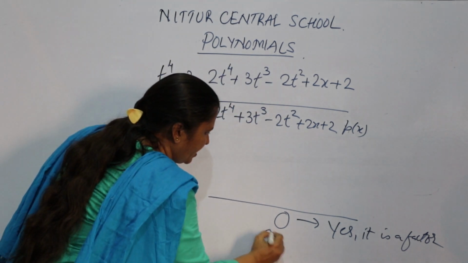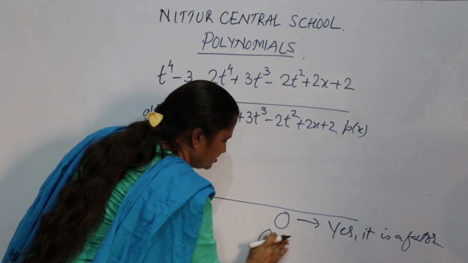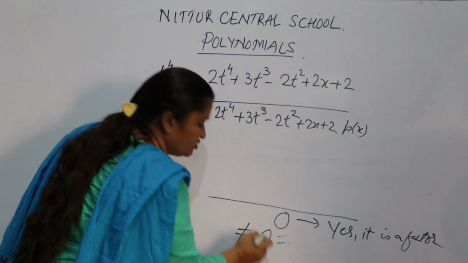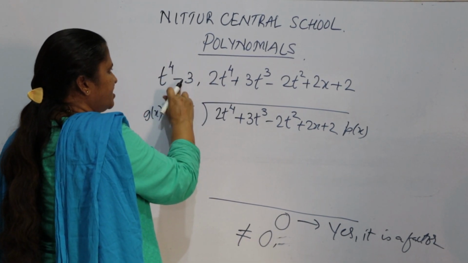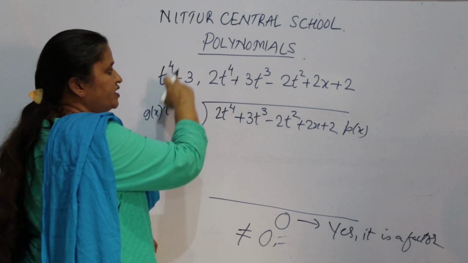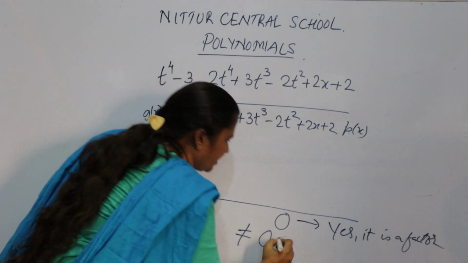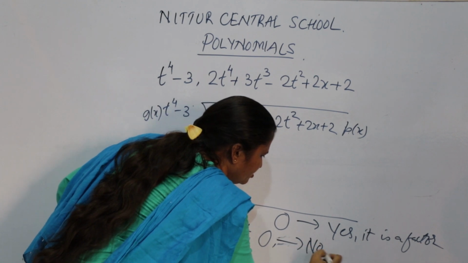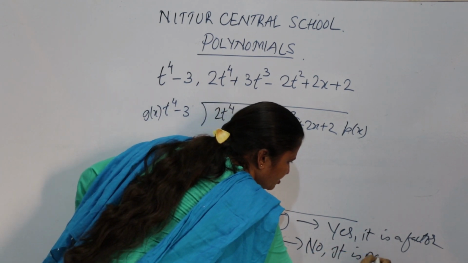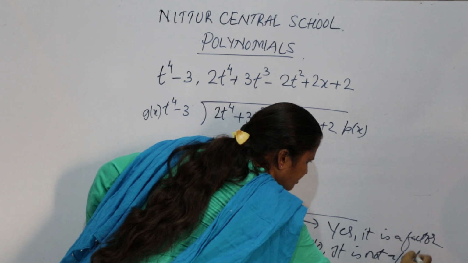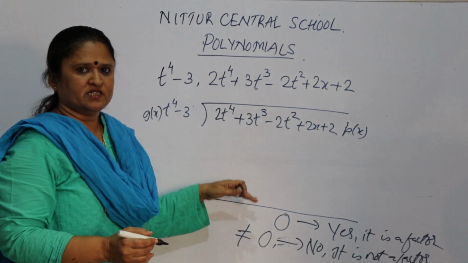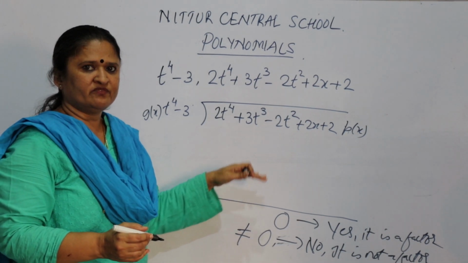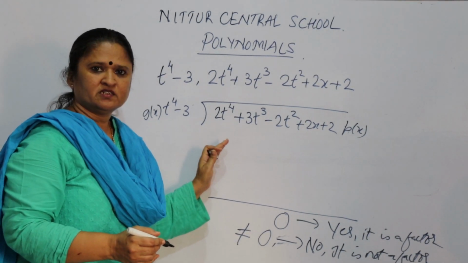If remainder is not equal to 0, then the first polynomial is not a factor of the second polynomial. Yes, so we do the division in the same method that we discussed earlier.